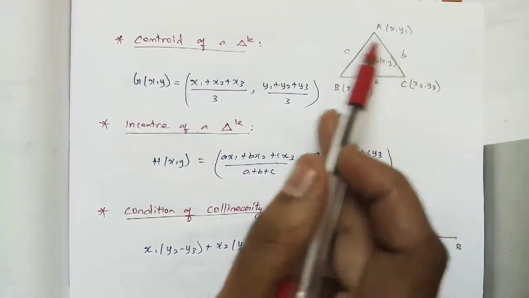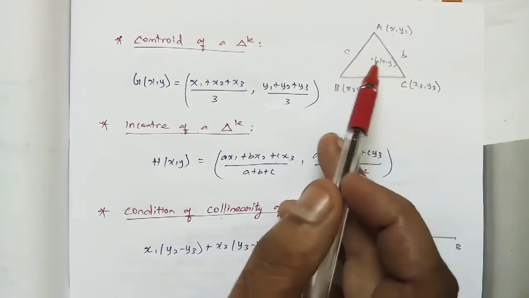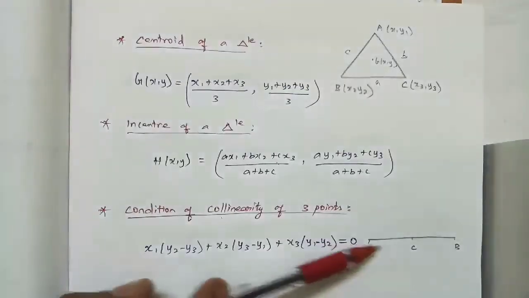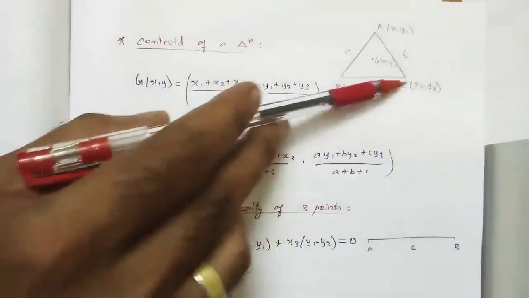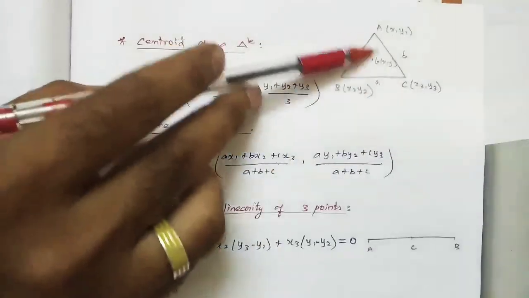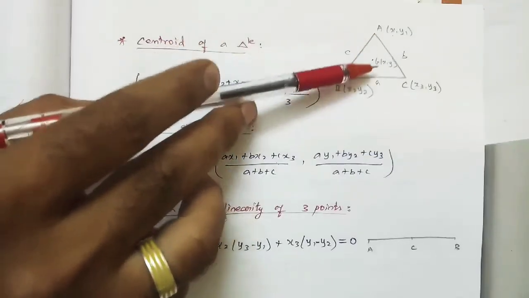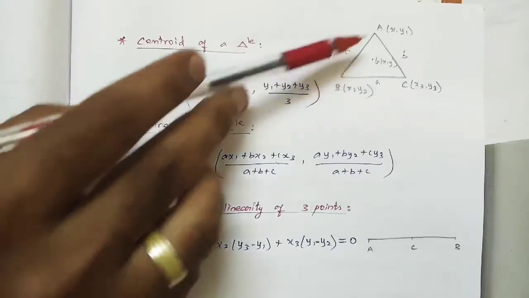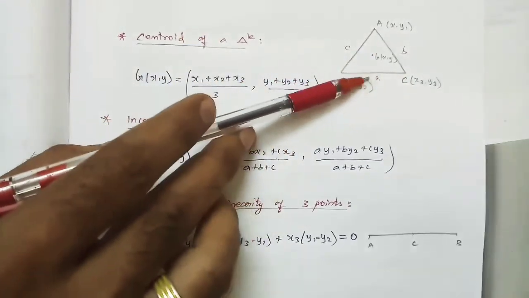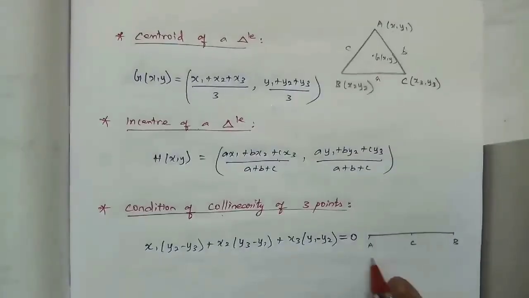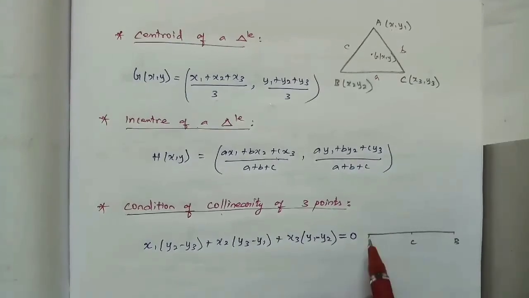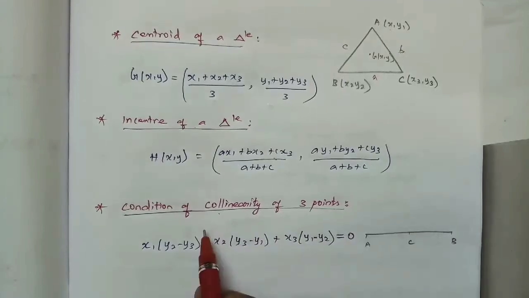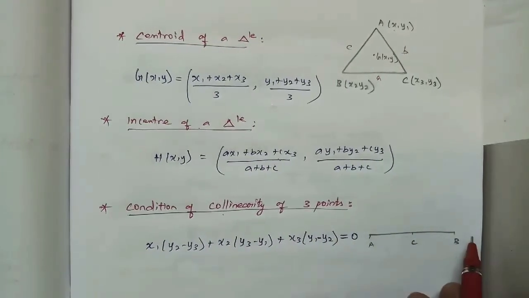When the area of the triangle is equal to 0, then the 3 points lie on the same line. BC is the baseline. When the area is 0, then the point A will lie on the line BC alone. So therefore the 3 points lie on the same straight line, then the 3 points are collinear.